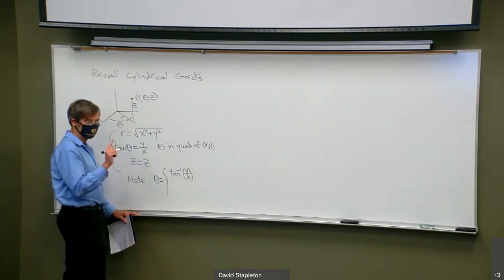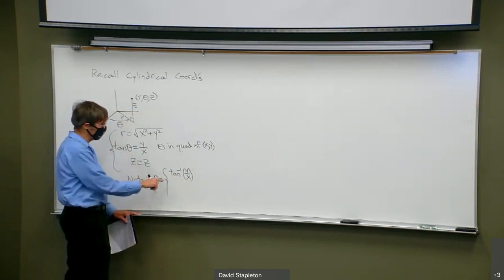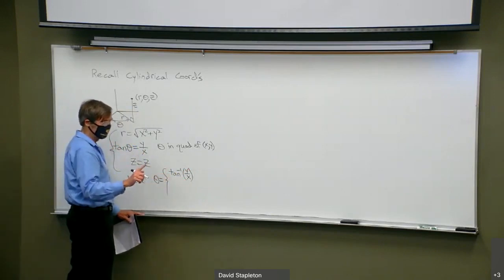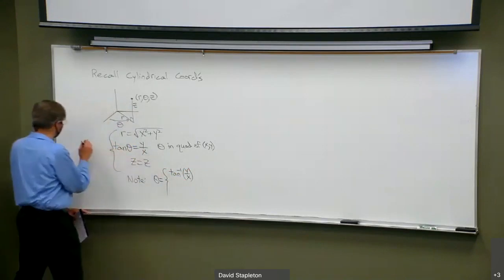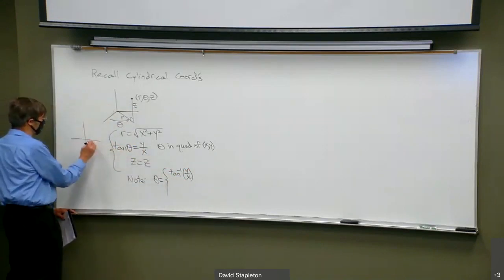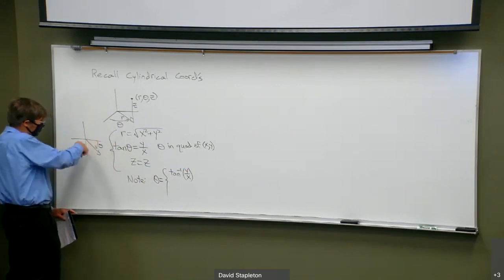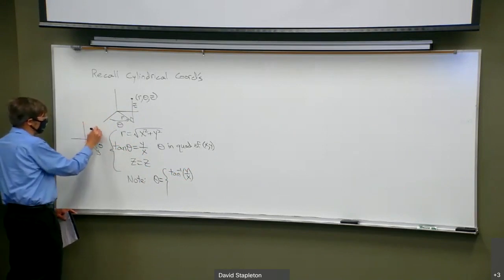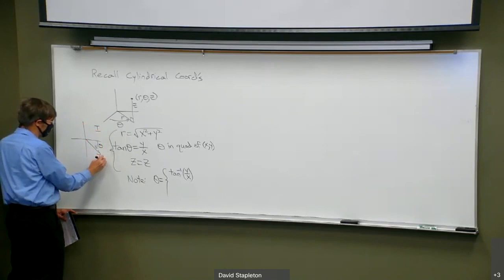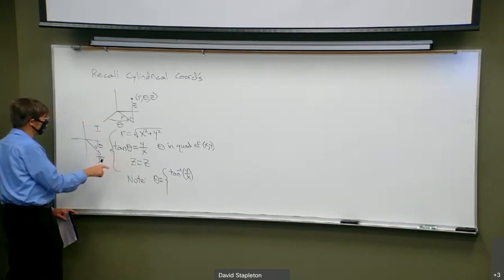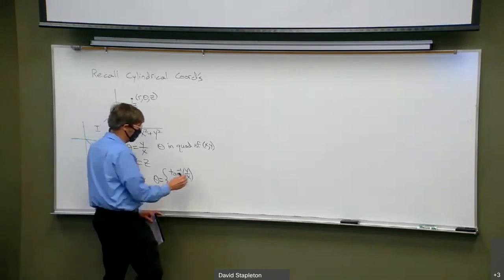Well, the arc tangent always points into quadrant 1 or 4, right? The arc tangent is the unique angle between plus and minus pi over 2, right? But between here and here, so if your point is in quadrants 1 or 4, anyway, I said 1 or 2 before, didn't I? In quadrants 1 or 4, then you want to use the arc tangent.